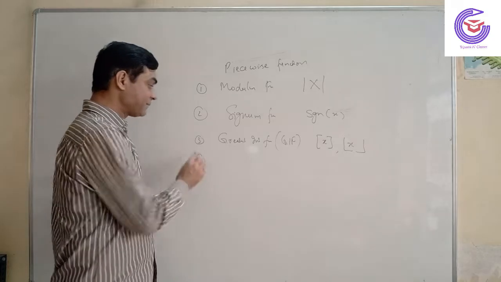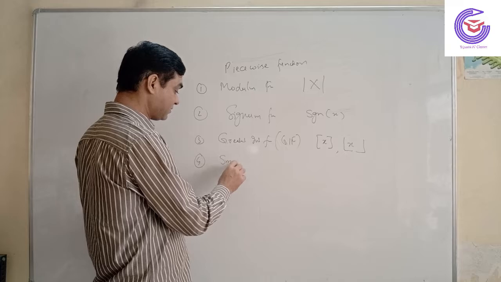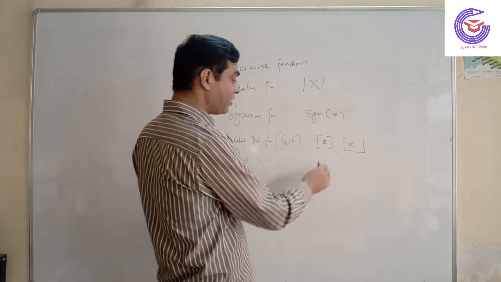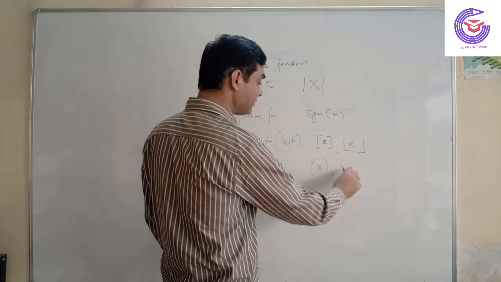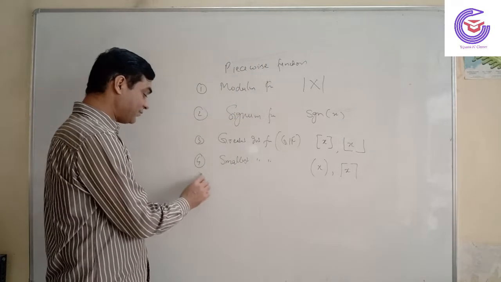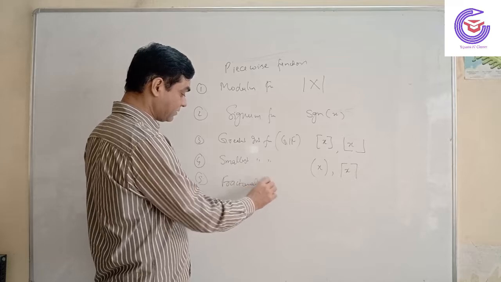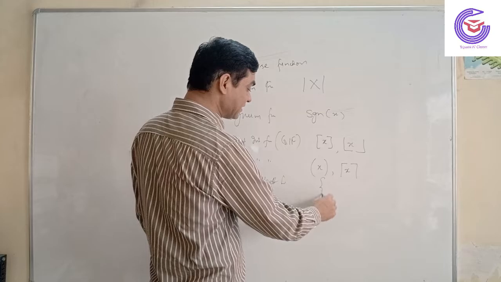The fourth one is called smallest integer function, represented as a small bracket or this way. And the last one is called fractional part function. It is represented as curly braces.